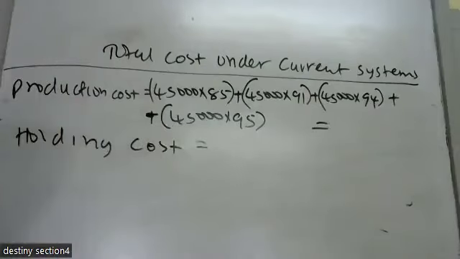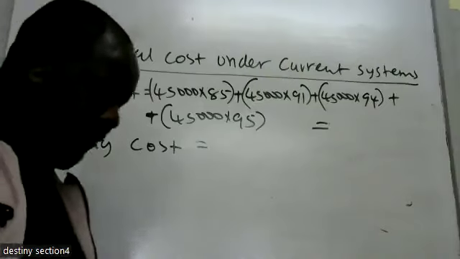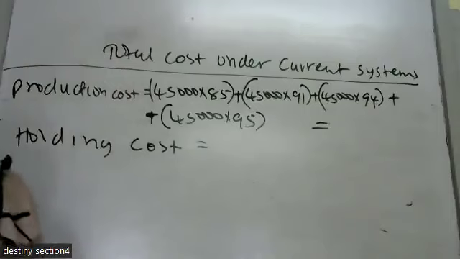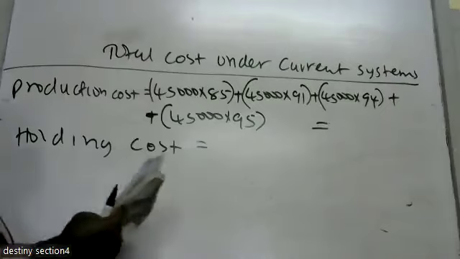For the holding cost, look at the question, note number 2. You go to the note where they say that during the year, excess production units are held. So being held is what brings in the holding cost.